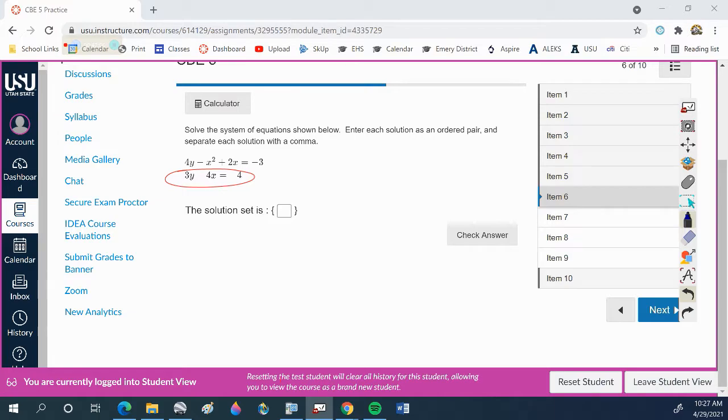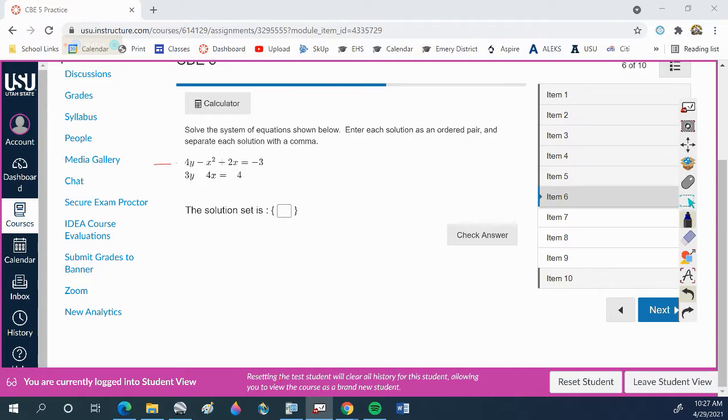It's a line. Y to the first minus x squared. What is that? It's a parabola. So how many times could a line and a parabola intersect? 2 times, or 1 time, or 0 times. Right? So you're just going to use substitution every time.